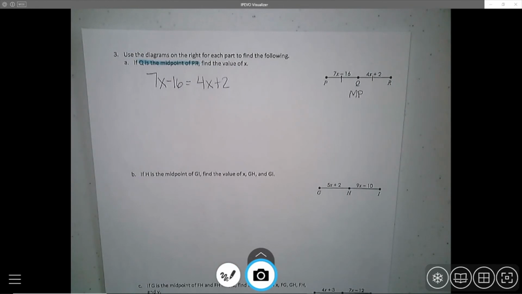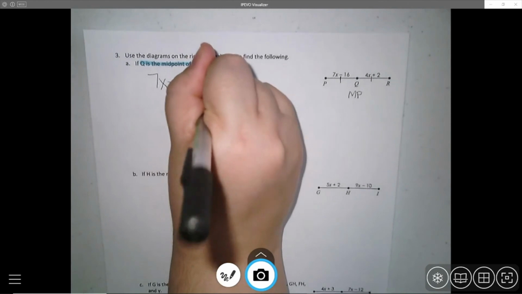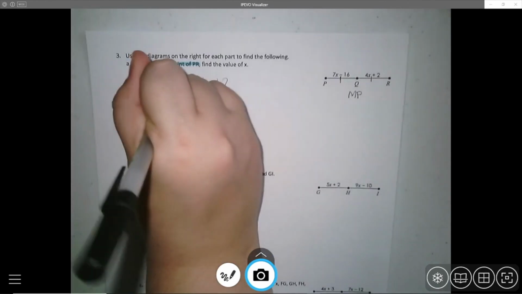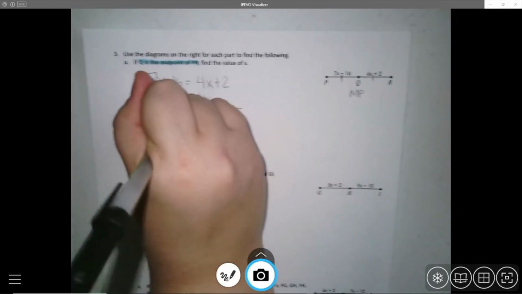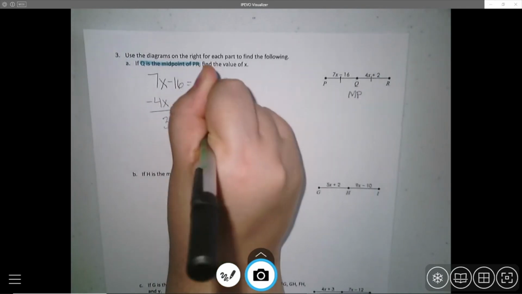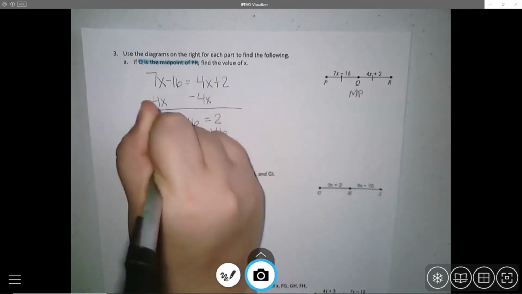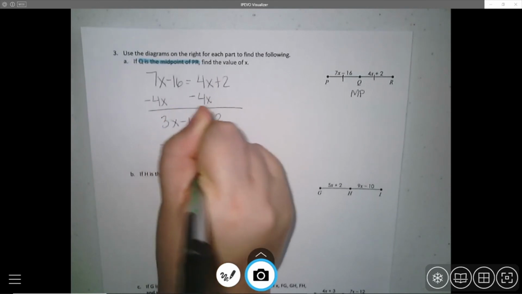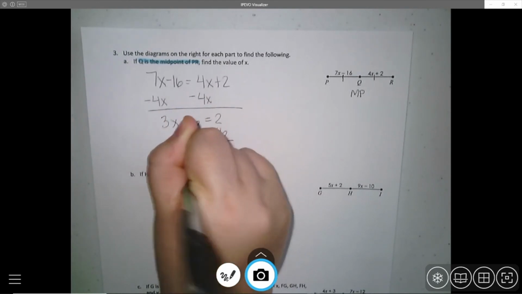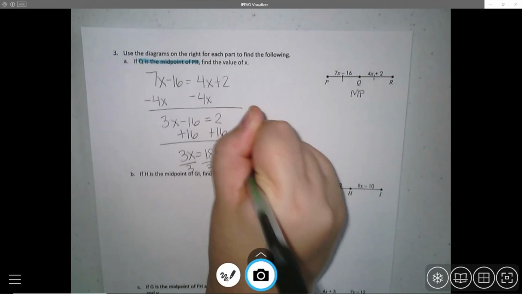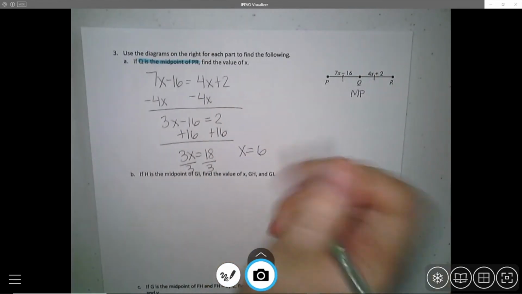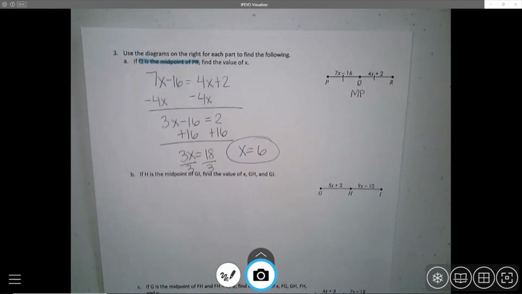So 7x minus 16 equals 4x plus 2. I'm going to subtract 4x on both sides to give me 3x minus 16 equals 2. Add 16 to both sides. I get 3x equals 18. Divide by 3, I get x equals 6. Okay, I'm done. That's all they wanted me to do was to find x.